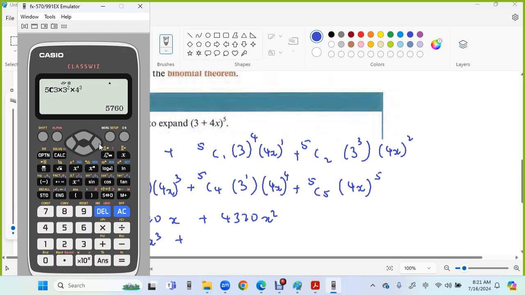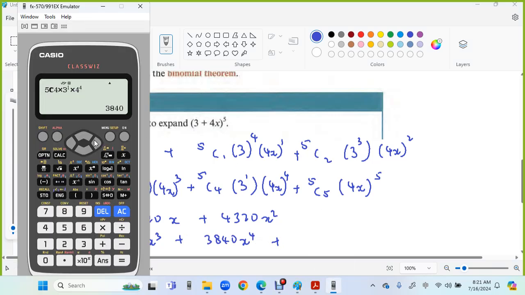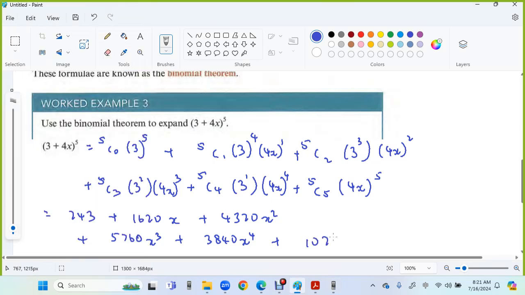And then we have 5C4, 3 to the power 1, 4 to the power 4, then 3840x to the power 4. And we have 5C5, 3 to the power 0, 4 to the power 5, 1024x to the power 5.